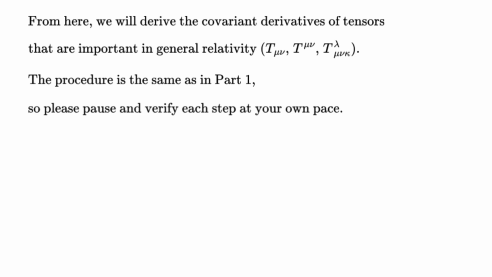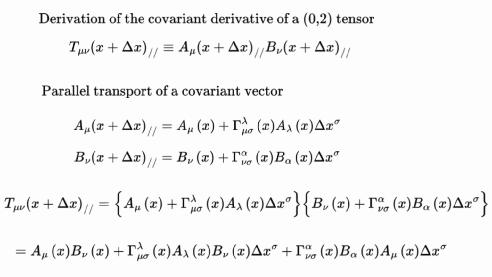From here, we will derive the covariant derivatives of tensors that are important in general relativity. T lower mu nu, T upper mu nu, and T upper lambda, lower mu nu kappa. The procedure is the same as in Part 1, so please pause and verify each step at your own pace. Derivation of the covariant derivative of a 0,2 tensor.